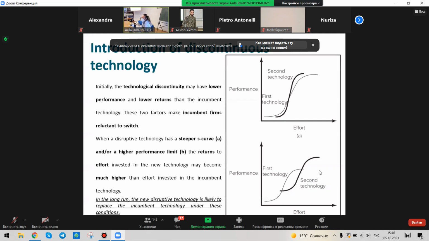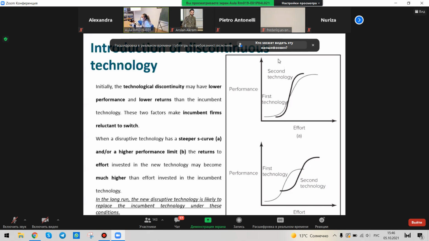This means having higher possibilities to be improved. Okay, and in this case, having a better performance means having better returns for the company, even though it implies higher effort.